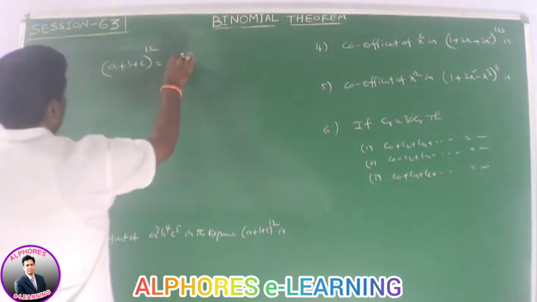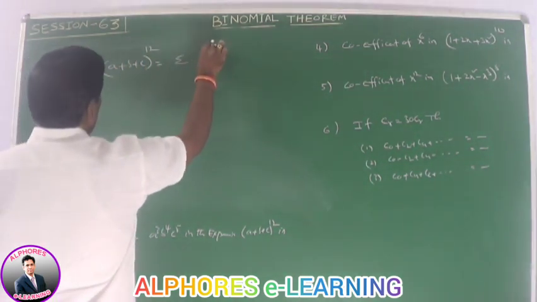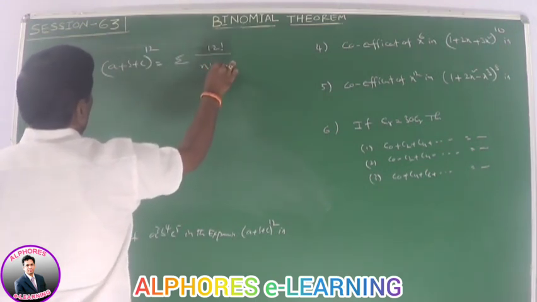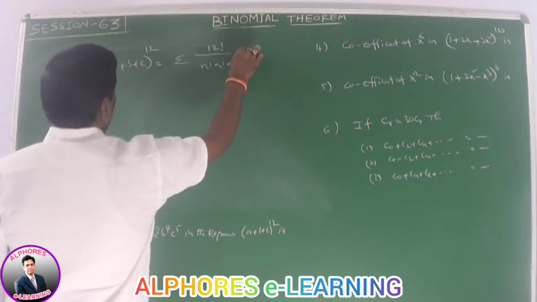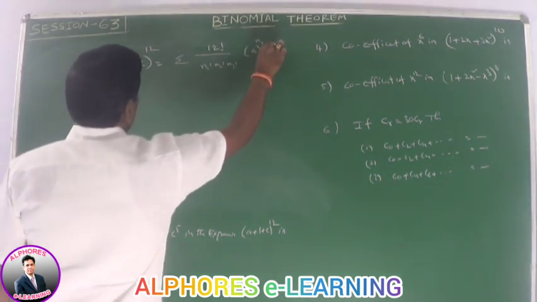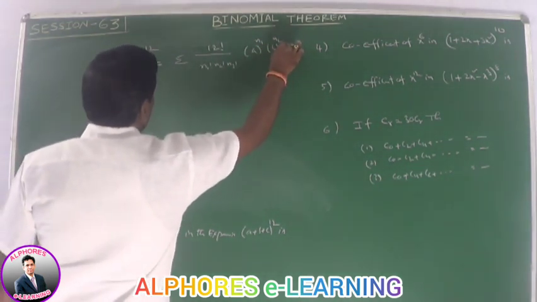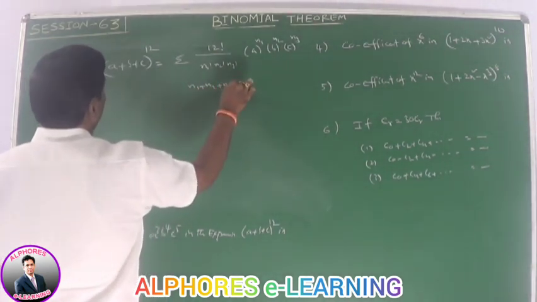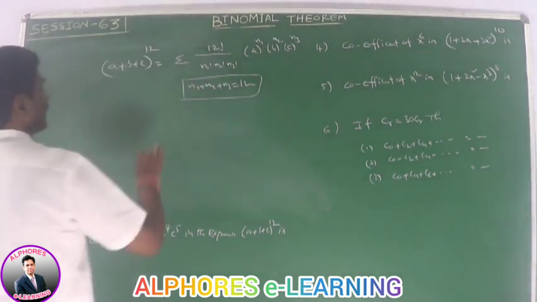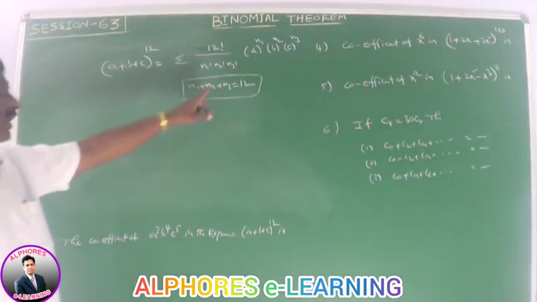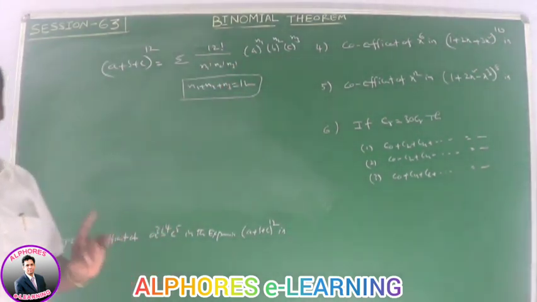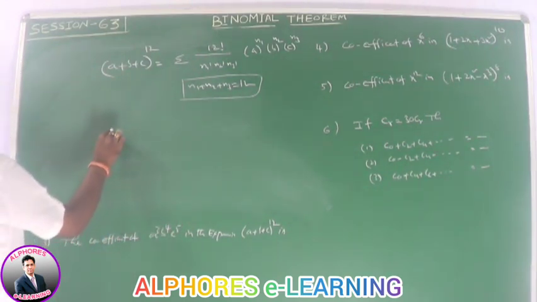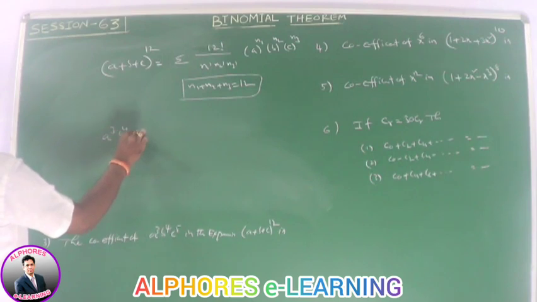What is the expansion of this value? n factorial by, here 12 factorial by n1 factorial into n2 factorial into n3 factorial into a power n1, b power n2, c power n3 such that n1 plus n2 plus n3 must be 12. If this sum is equal to 12, then only we get the coefficient of this value, otherwise the coefficient is 0. Now, we find the coefficient of a power 3, b power 4, c power 5.